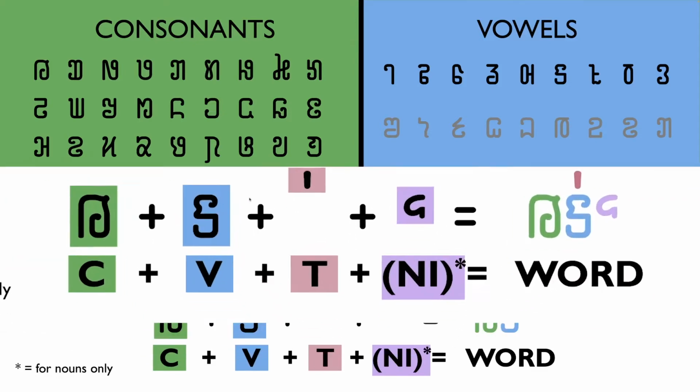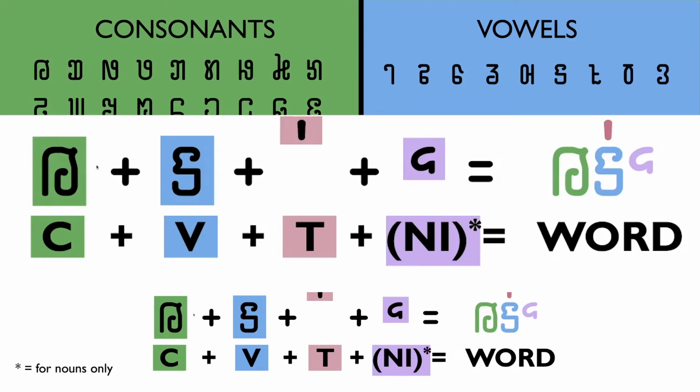And then on the bottom, you'll see that this is how you combine the consonants, the vowels, the tones, and the noun indicators to form a word. Now you'll see right here, I'll put an asterisk, which means that it's for nouns only. So when you form a word and it's actually, let's say, a verb or adjective, you won't be using the noun indicators in this case.